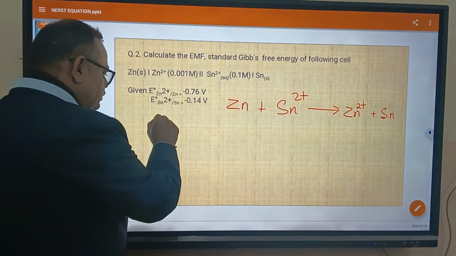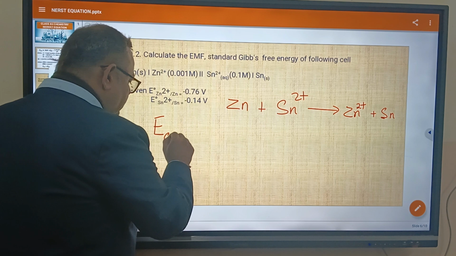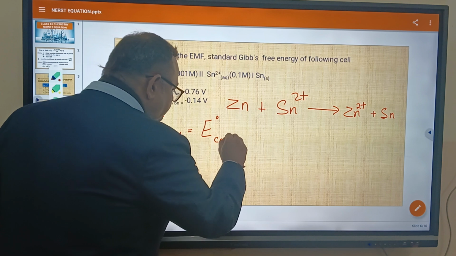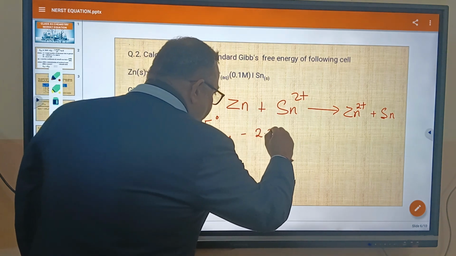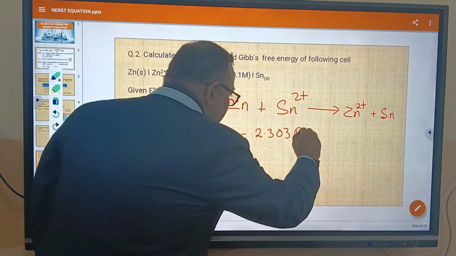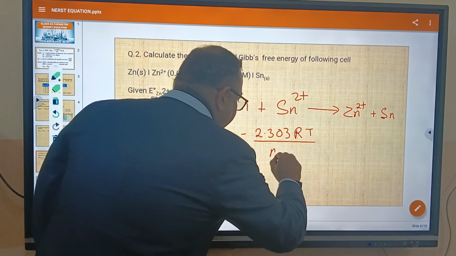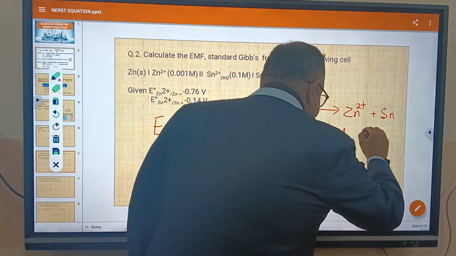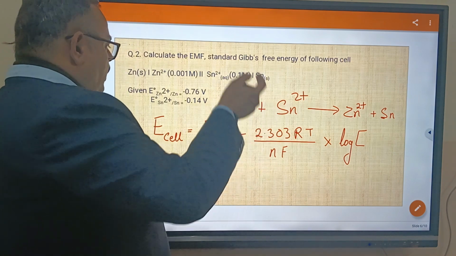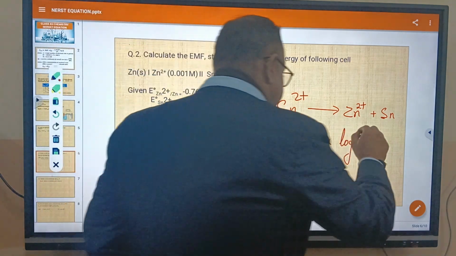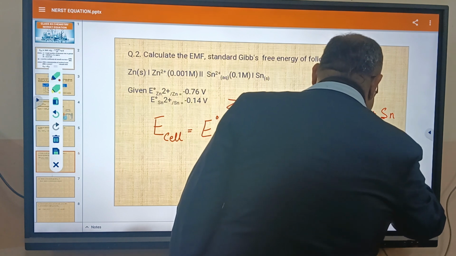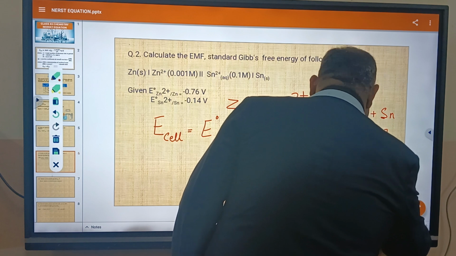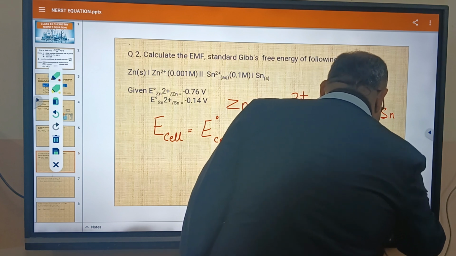Now we will be writing the Nernst equation. E cell is equal to E naught cell minus 2.303 RT upon NF multiplied by log of concentration of oxidation half cell, that is Zn2 plus upon concentration of reduction half cell, that is Sn2 plus.